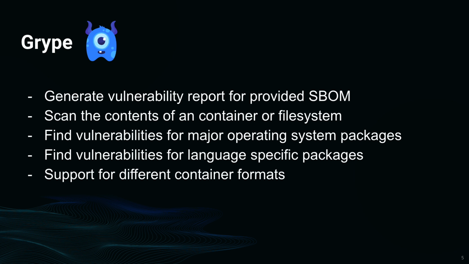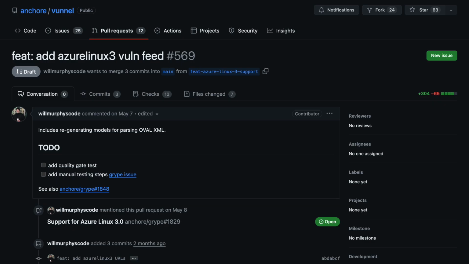Let's actually look at code and start looking at some demos. But what I'm going to do first is, for those of you interested in how we got this update working, I've linked a pull request now in the chat. This is the core PR for Vunnel, that's our vulnerability feed. In that PR, you'll see some of the Python files.